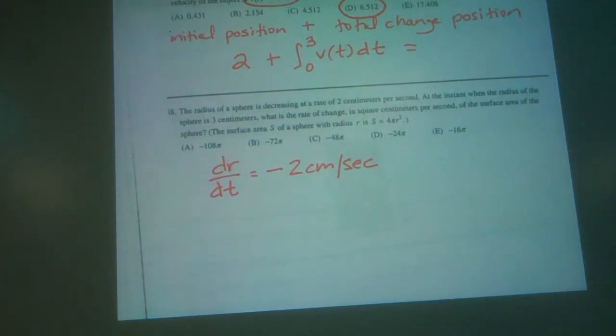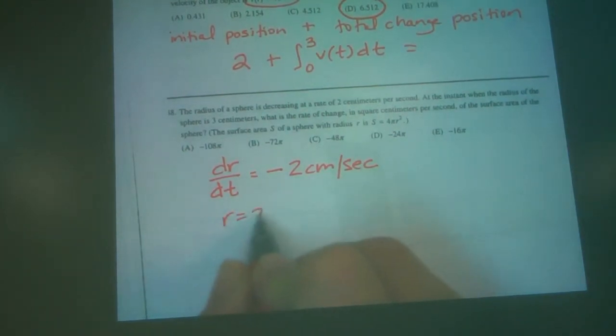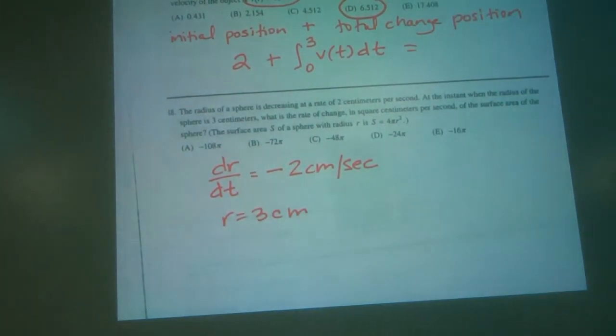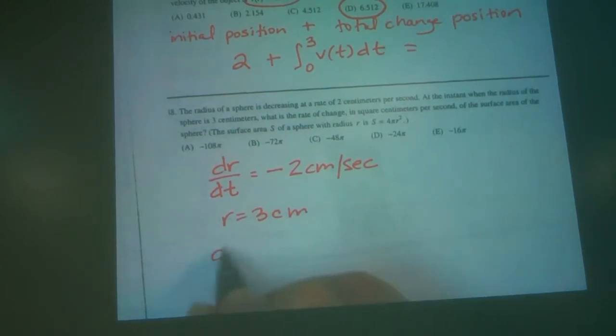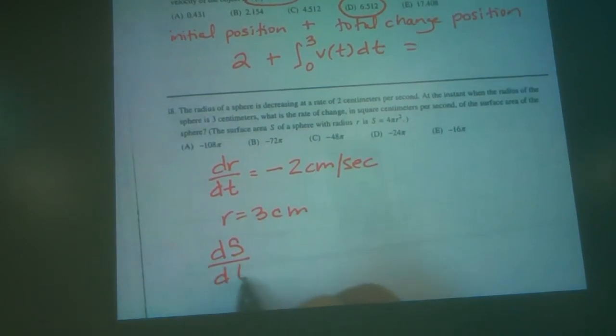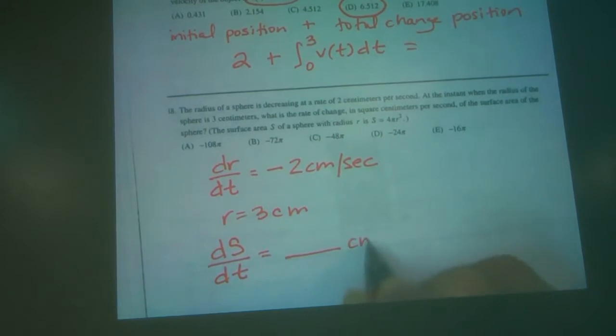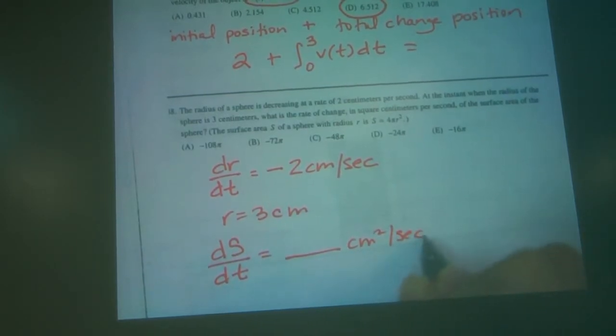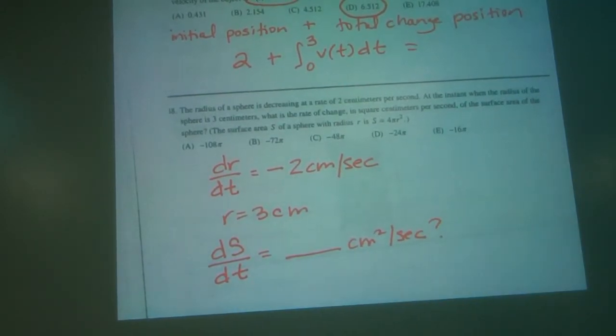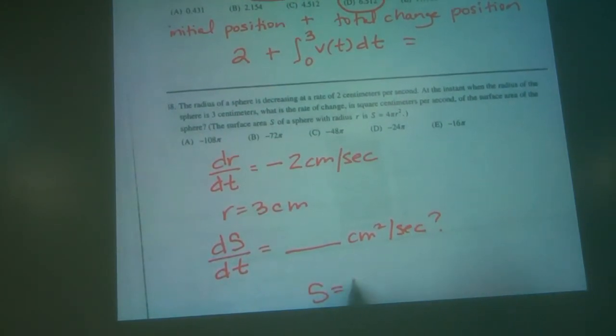At the instant when the radius is 3 centimeters, what is the rate of change in square centimeters per second of the surface area of the sphere? I'm going to call that ds/dt, which is how many square centimeters per second. And they give you the formula for the surface area of a sphere. It's 4 pi r squared.